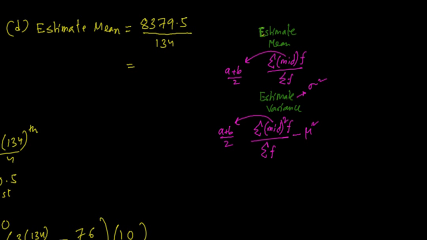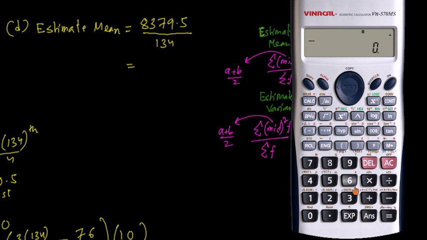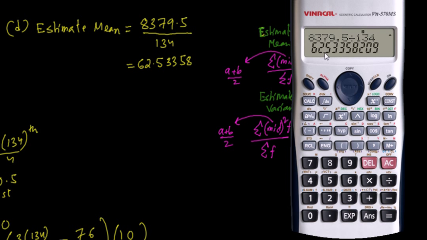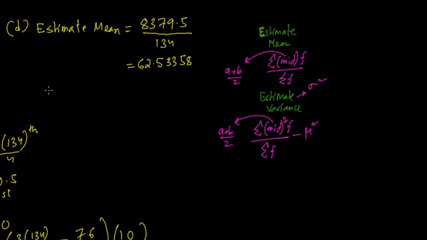So let us calculate the estimate mean. 8379.5 divided by 134 is 62.53358. That is the estimate mean. The next one is estimate variance.